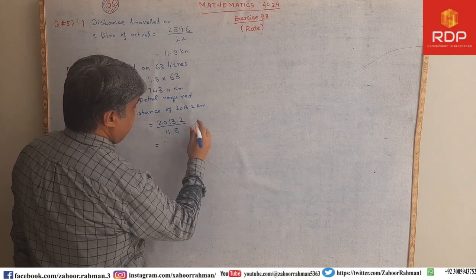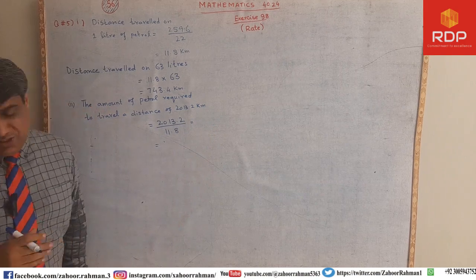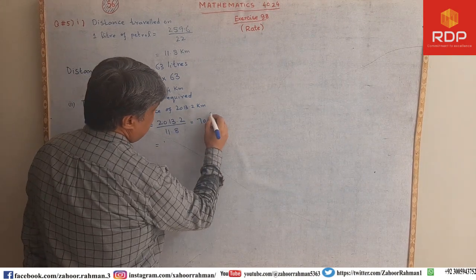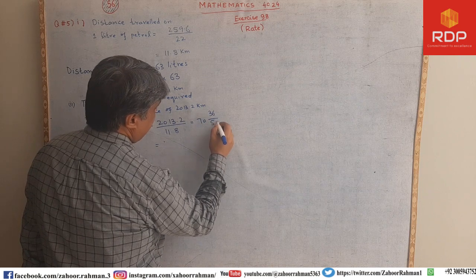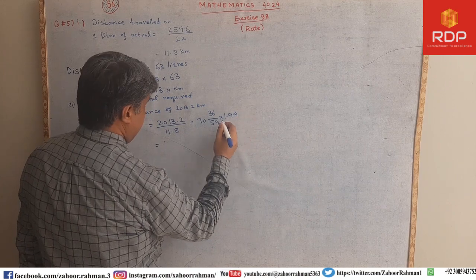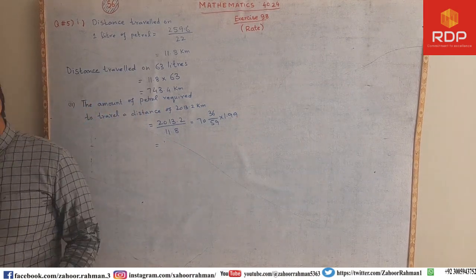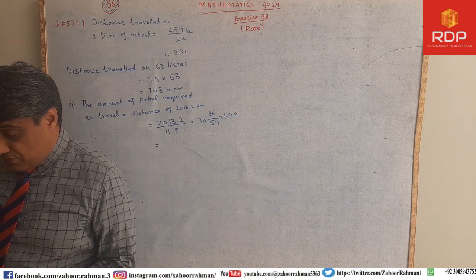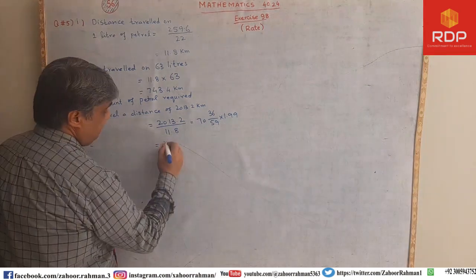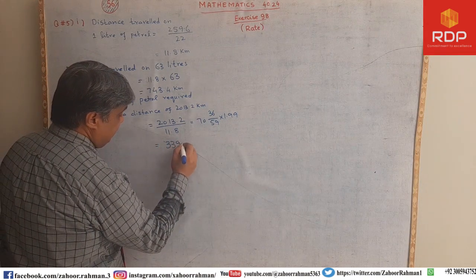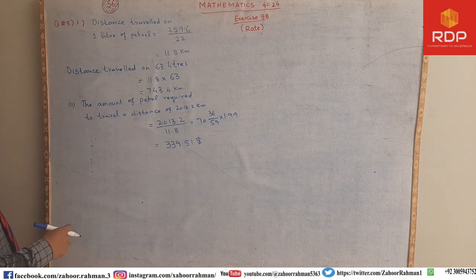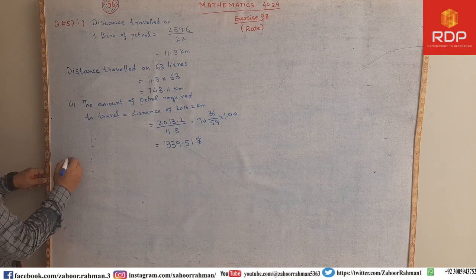We don't have to multiply it here. First we have to write 170 whole 36 over 59 and then multiply by 1.99. So the final result which we will get is 339.51 dollar. That was question number 5.